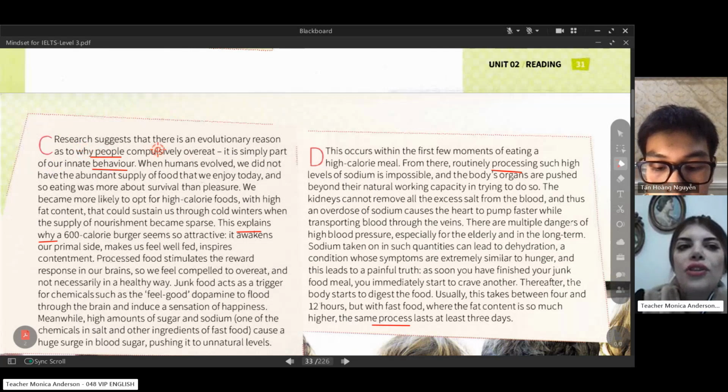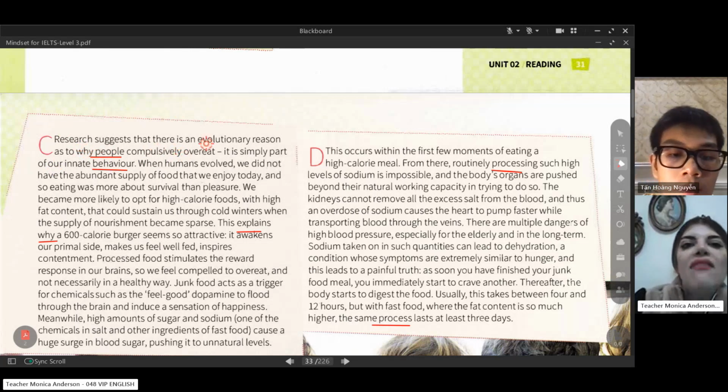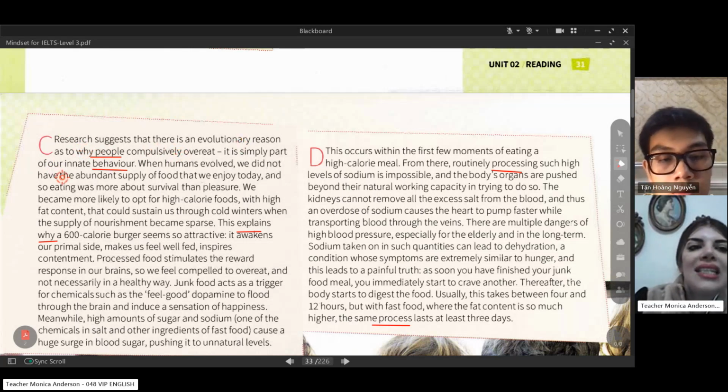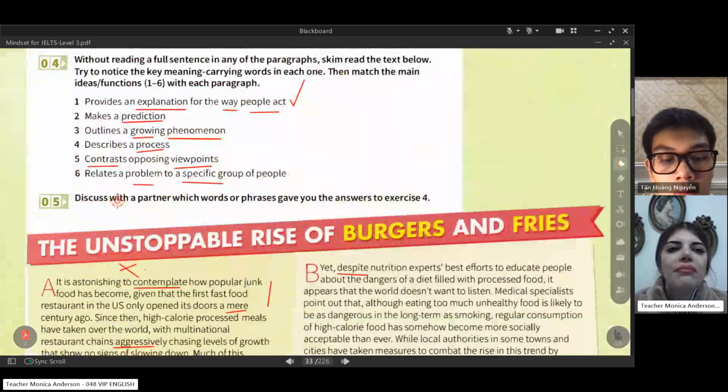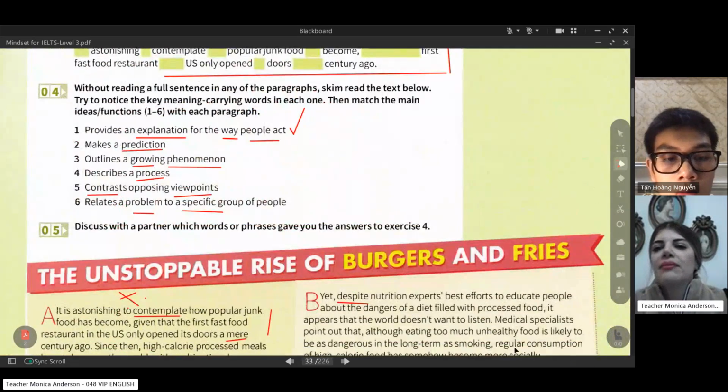You can say that research suggests there is an evolutionary reason as to why people compulsively overeat. It's simply part of our innate behavior. Yes.